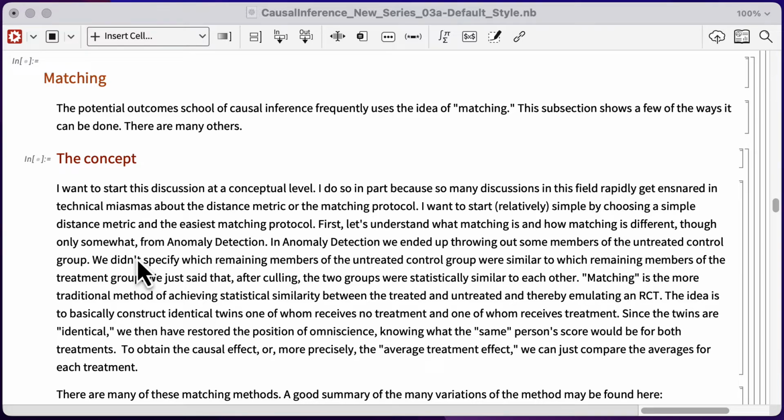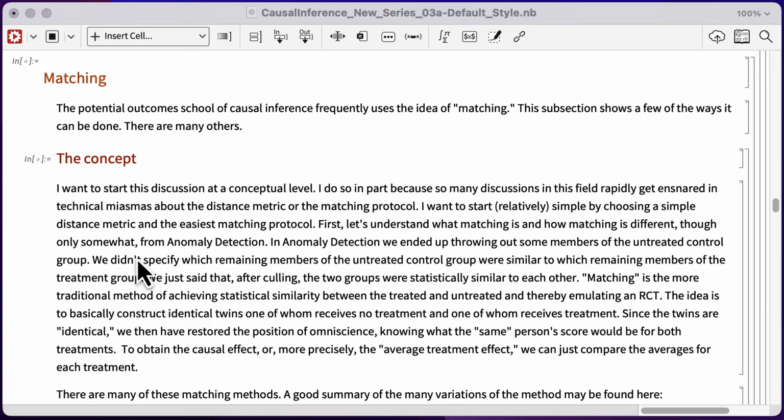In anomaly detection, what we just did was throw out some members of the untreated control group, but we didn't specify which remaining members of the untreated control group matched members of the treatment group. We just said that statistically the two groups were similar to each other.